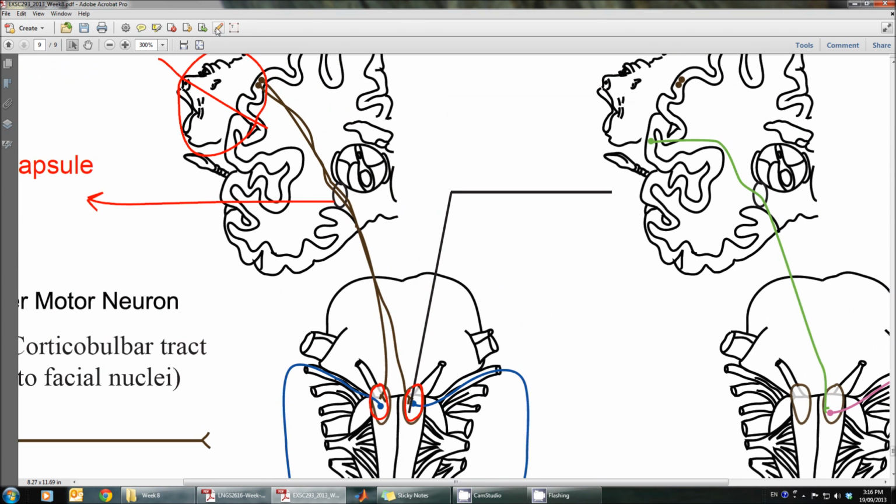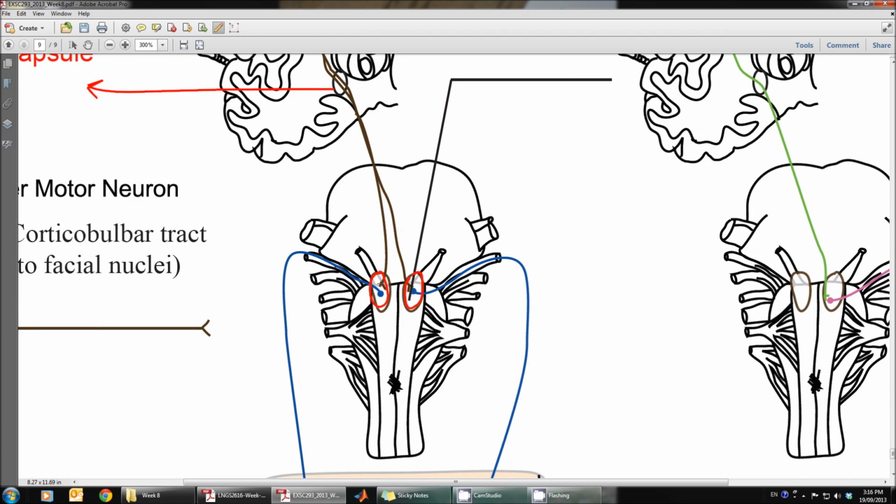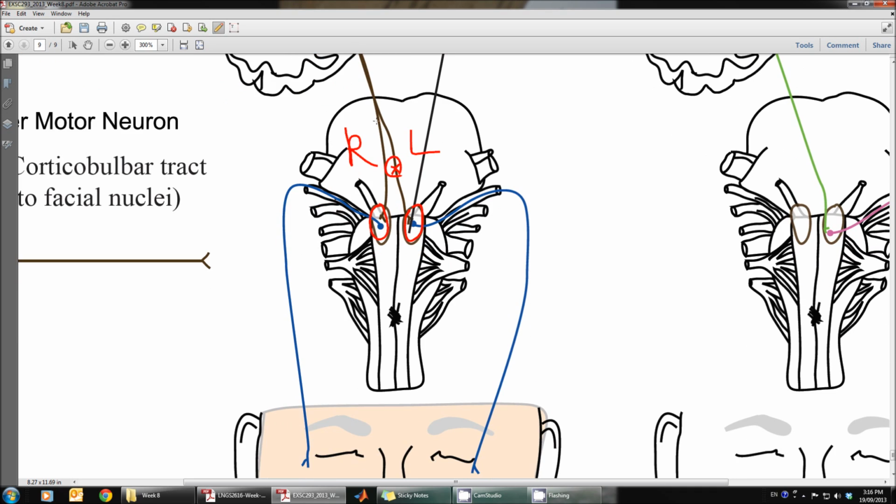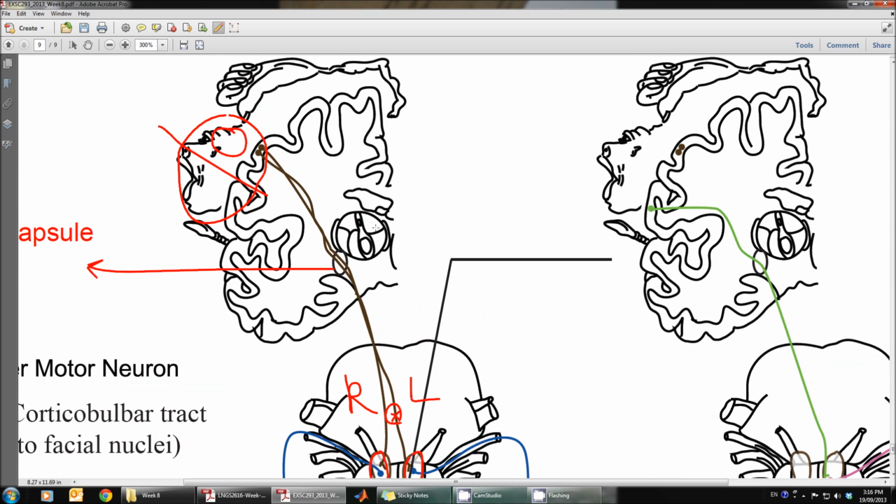So we can draw two neurons that start from the forehead area, go through the internal capsule. One goes to the right side of the facial nuclei and the other goes to the left side of the facial nuclei. So we will see the decussating neuron for this upper face area, and the axon which is not decussating. So both sides of the face are innervated by the right side of the hemisphere.